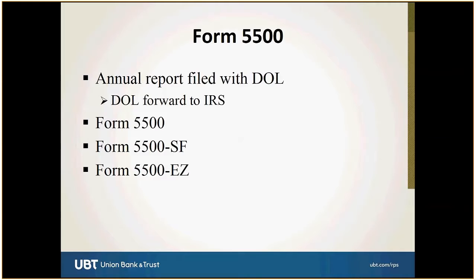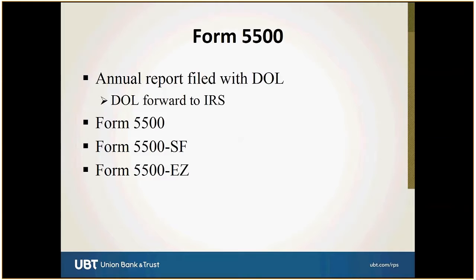There are three types of Forms 5500. It depends on the size of your plan, whether you're going to file a 5500 or a 5500 short form or a 5500 EZ. And that EZ form is actually an IRS document that just gets filed with the IRS and not the Department of Labor.